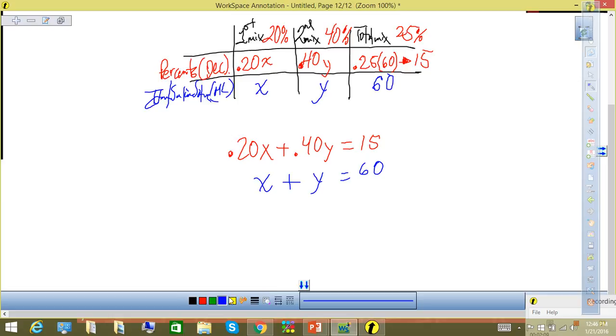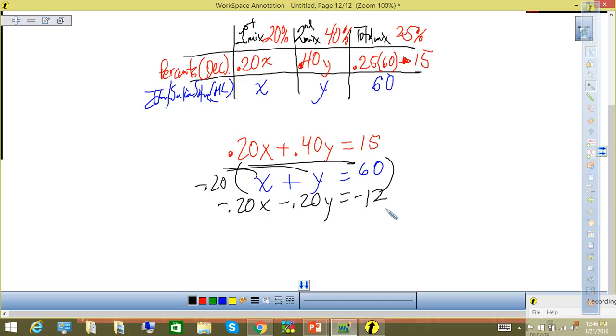X. Y. Okay, so let's eliminate x. That means to eliminate x, we need to multiply times negative 0.20, negative 0.20, distribute. This becomes negative 0.20x, negative 0.20y equals negative 12.